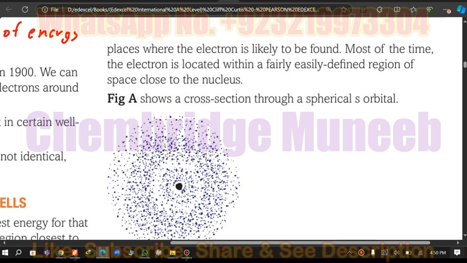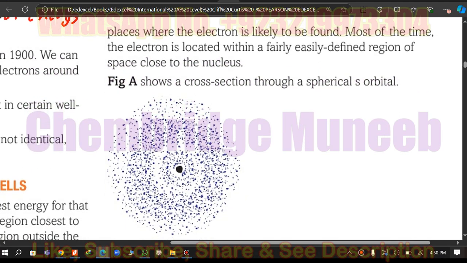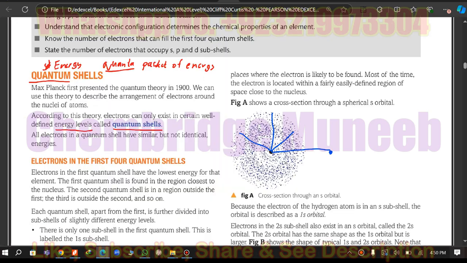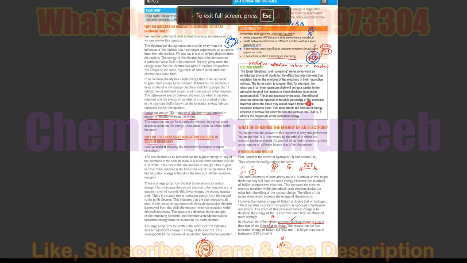Can you see any distinct outer line of the shell? Not necessarily. That's why we cannot say up to which point we should measure. We do not know. So that's the reason we consider the nucleus of the other atom, which has a clearly defined area. The nucleus has a very clear defined area. That's why we can easily calculate the distance between the two nuclei.